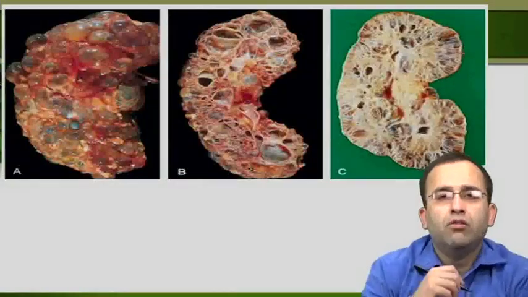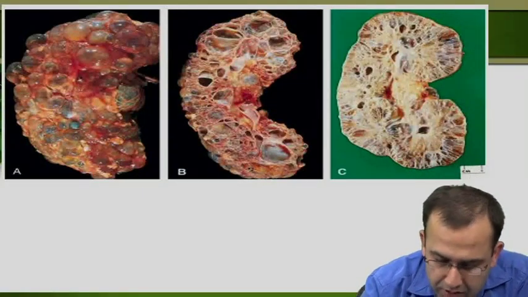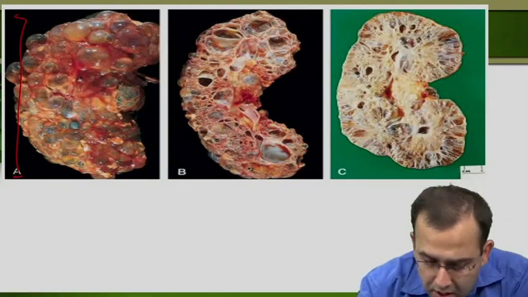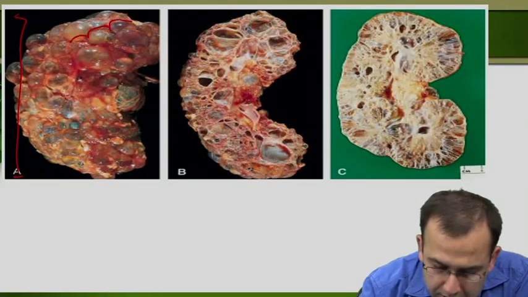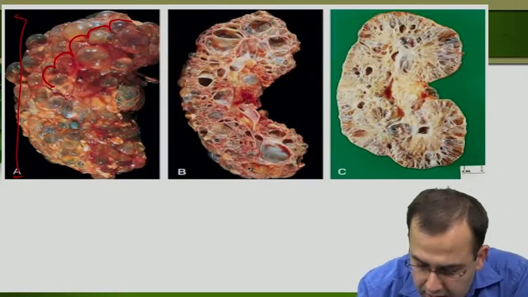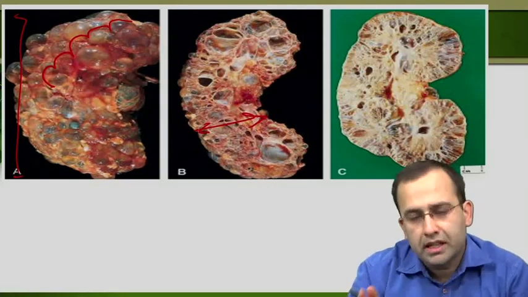So let us see what it looks like grossly. Starting with the first image, what I am able to see is a massively enlarged kidney showing numerous cysts with presence of a bosselated outer surface. All these are the bosselations. On cut section, the cysts are randomly distributed in both cortex and medulla.